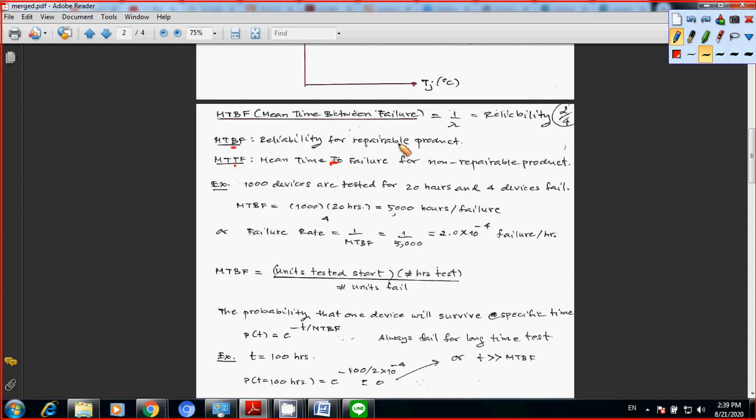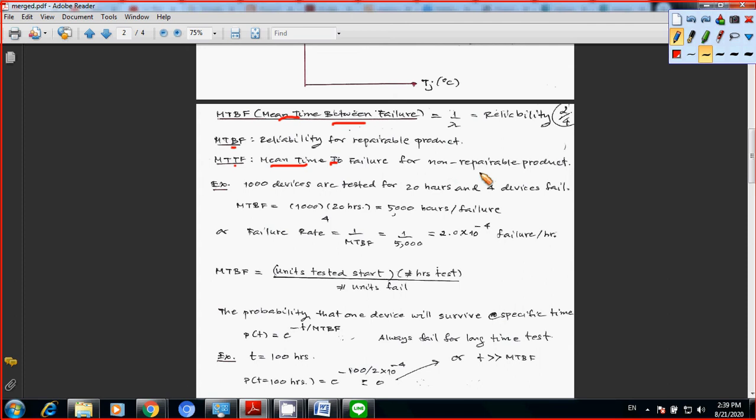They both are mean time of failure. But MTBF is for a repairable product, while MTTF is for a non-repairable product. To get a better idea, let's take a look at some examples.